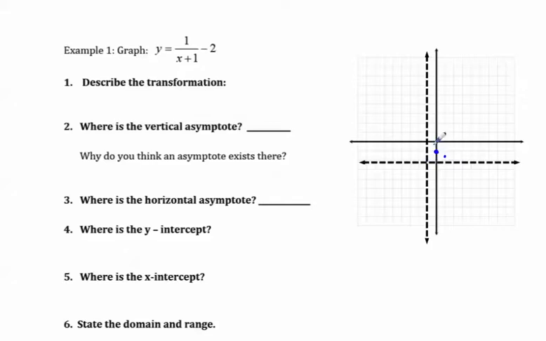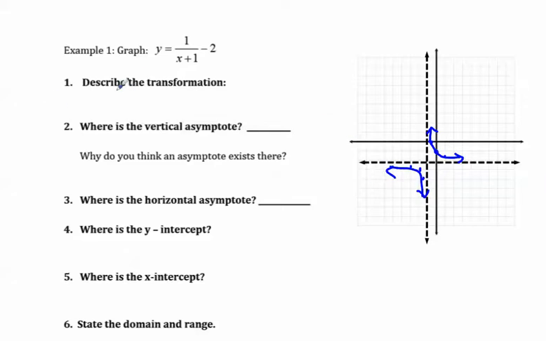You can go over a half and up 2. And so because there's no stretch or compression, that pattern stays the same in the right branch and also in the left branch. So go over 1, down 1, and go over 2, down a half. And you have 2 branches.